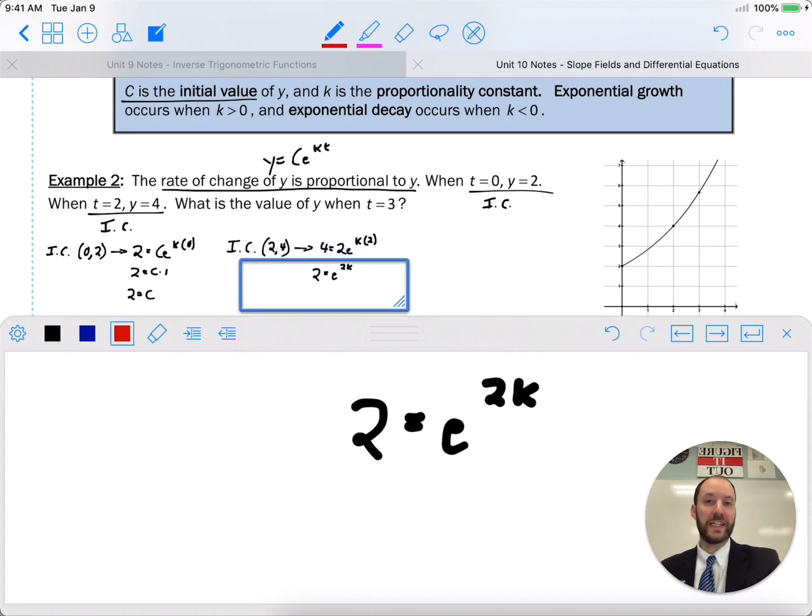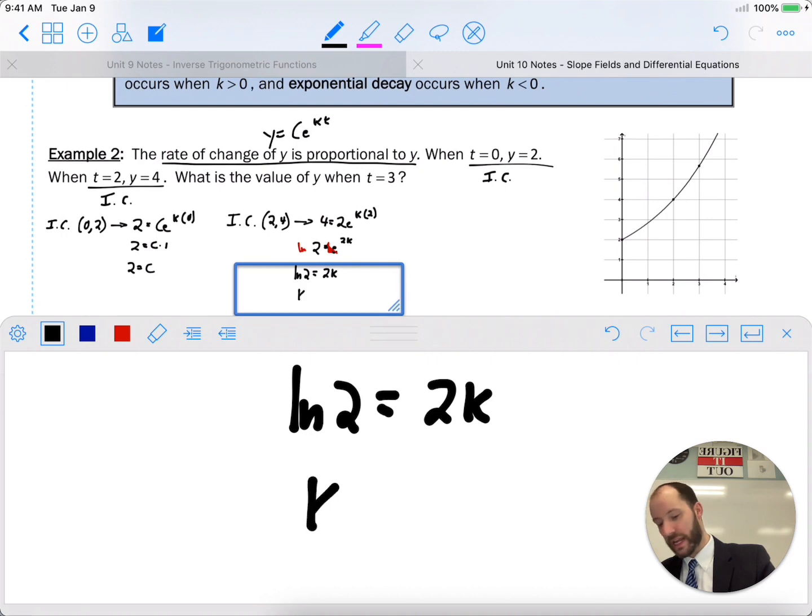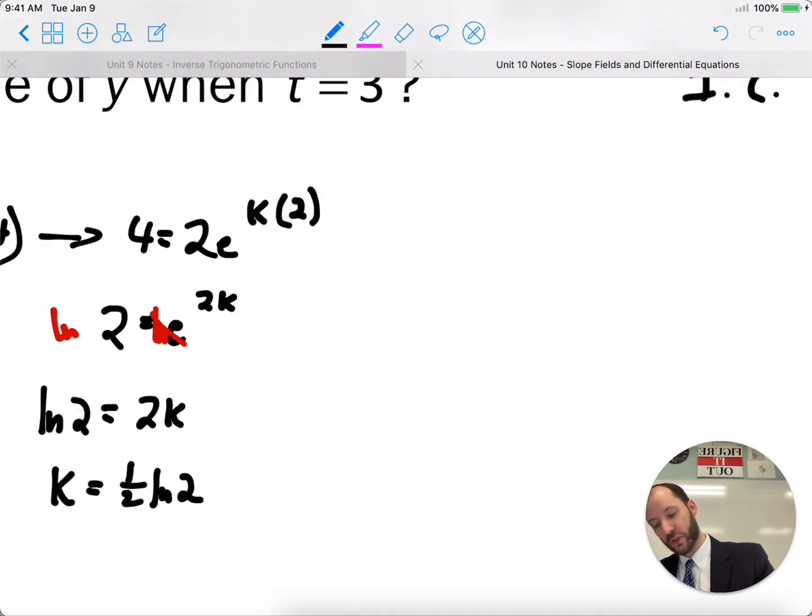The inverse of e is ln, so to get rid of e, take ln of both sides. So we have ln of 2 equals 2k, and k equals 1/2 ln of 2. So now we have a solution for c and a solution for k.